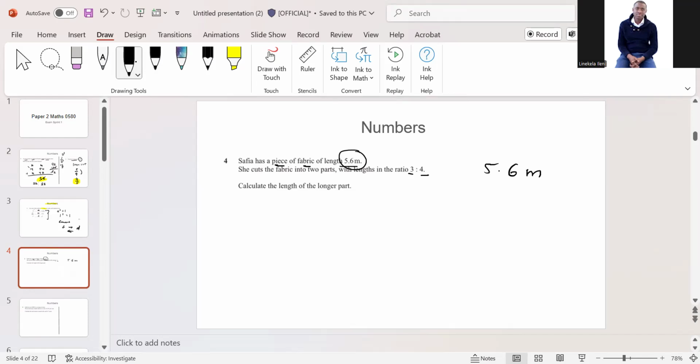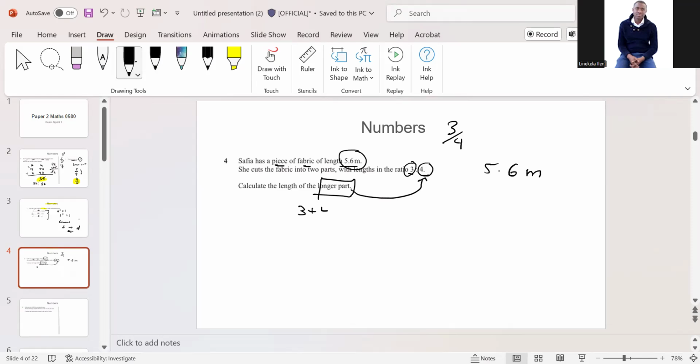And like I said, guys, a ratio is just a fraction, right? So she cuts the fabric into 2 parts with the length in this ratio. So there's a ratio of 3 and a ratio of 4. And they said calculate the length of the longer part. The longer part will obviously be the one of the longer ratio.